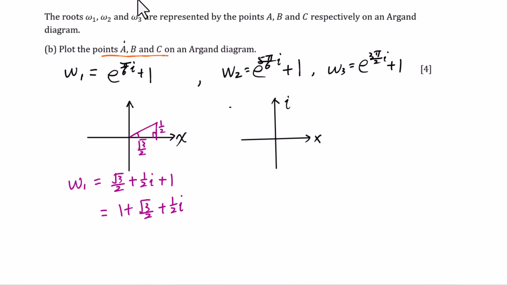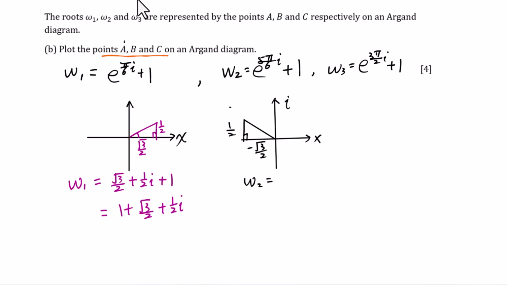For e^(i5π/6), go to the second quadrant. The reference angle is 30 degrees. So we get 1/2 and negative √3/2.